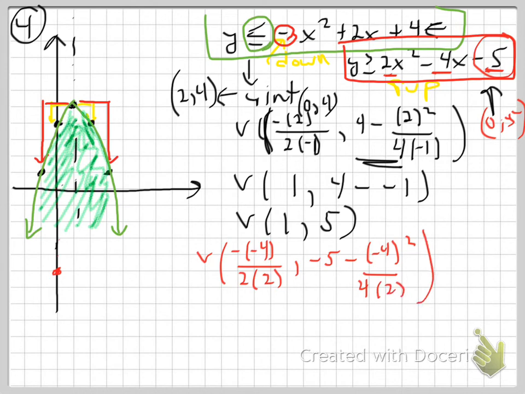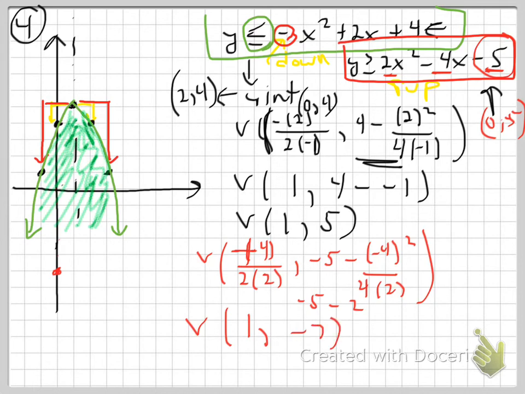So you just figure all that. That is plus 4 divided by 4 is 1. This is -5 minus 16 over 8, which is 2. So that's -7 there. That's the vertex.